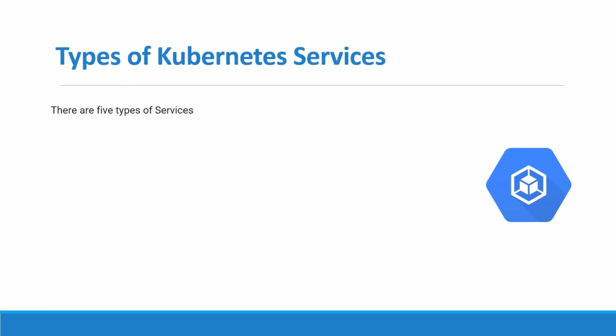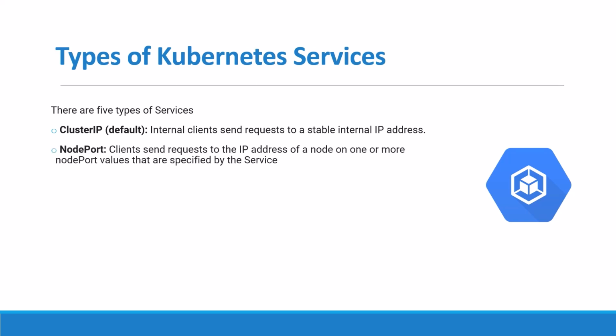Let's take a look at the types of Kubernetes services. There are actually 5 types of services, including cluster IP, which is the default, where internal clients send requests to a stable internal IP address. The next is node port, where clients send requests to the IP address of a node and one or more node port values that are specified by the service. The next is load balancer.